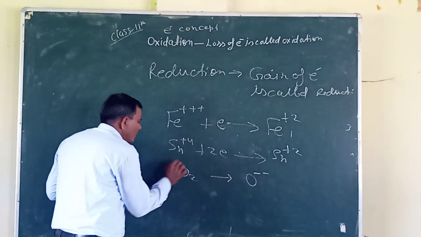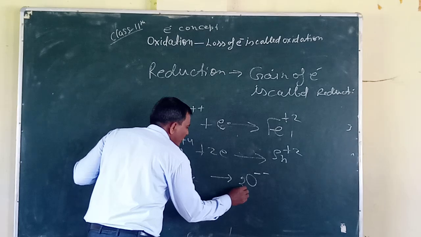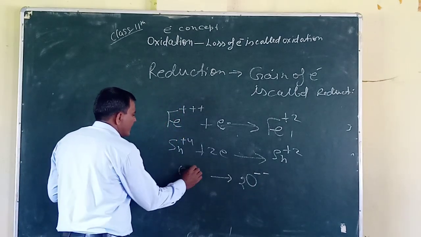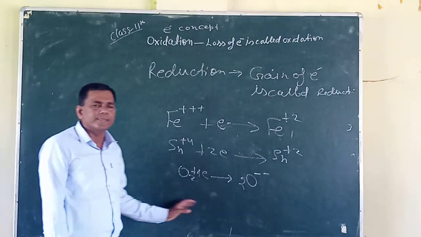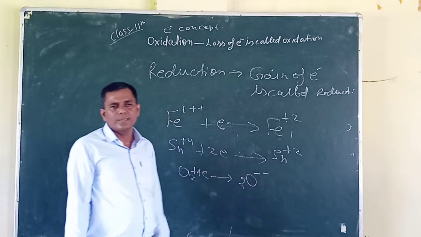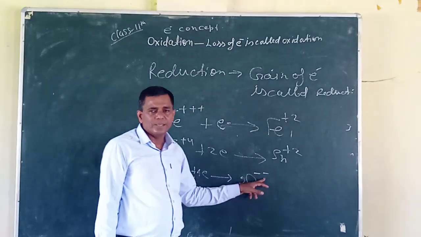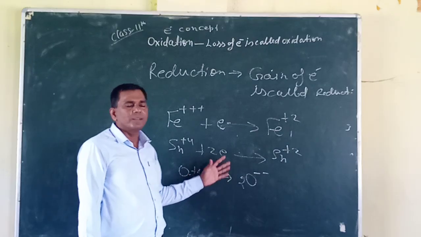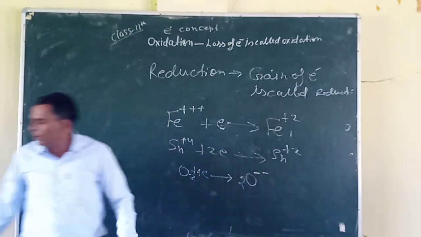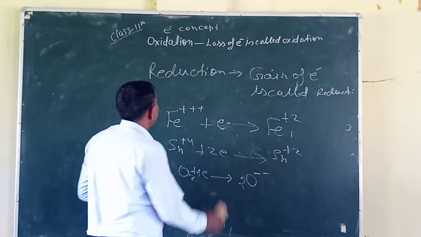Here two atoms of oxygen, that means 4 electrons, so electrons are balanced. This is a reduction process: from 0 to minus 2, which is less than 0.